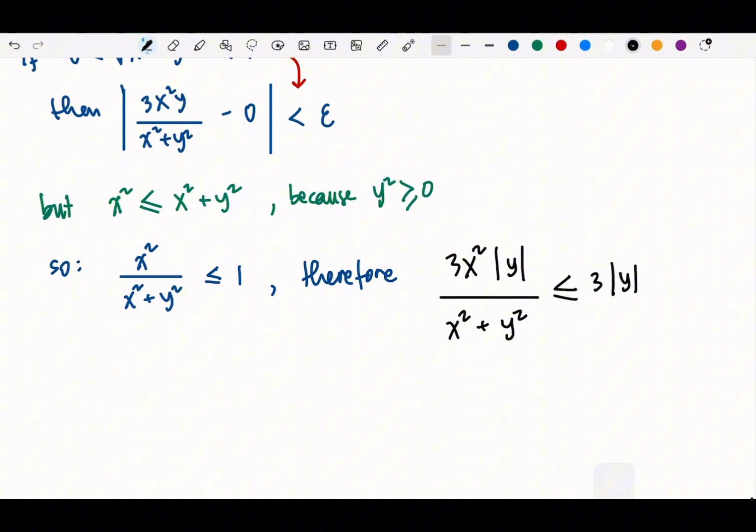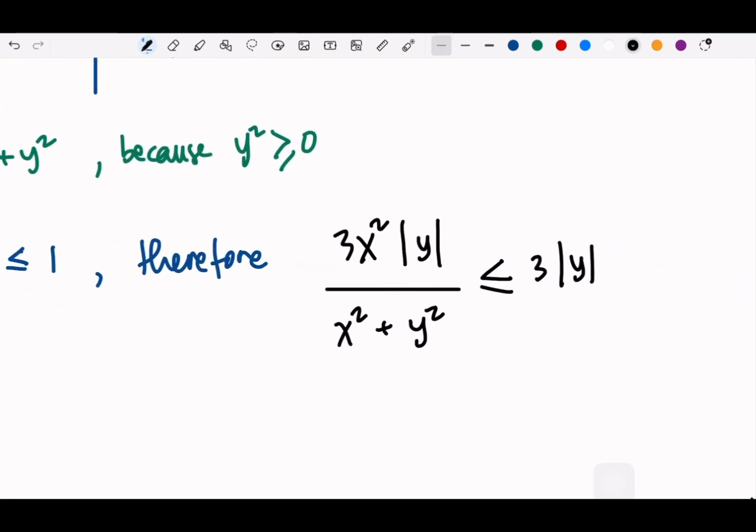So from this expression, I will take 3 on both sides, and then take the absolute value of y. Just to make sure that we are in the same inequality with this last one here, which is to have another expression with 3 and y. And this could be obtained from 3 square root of y squared.